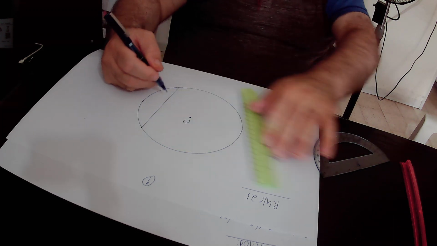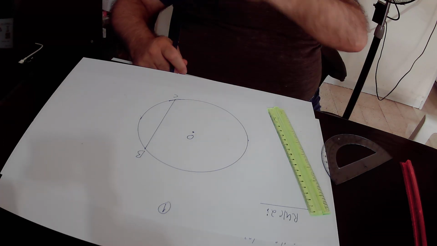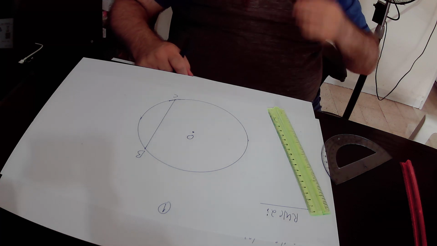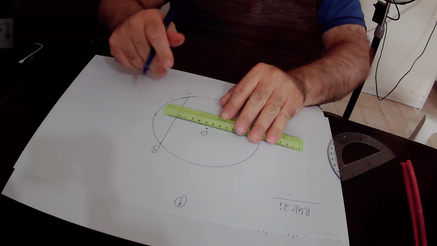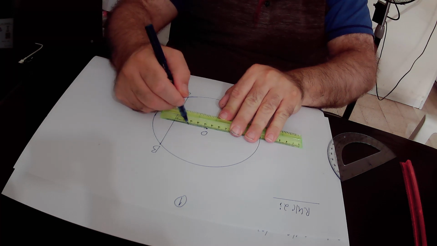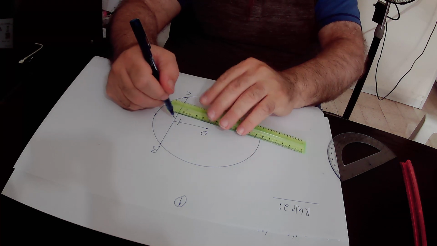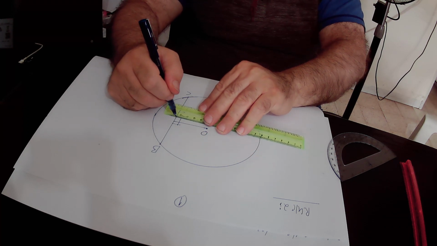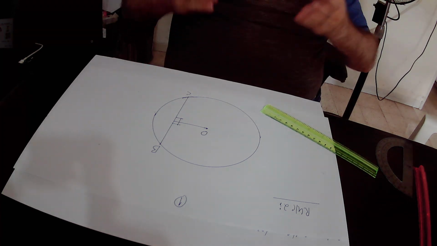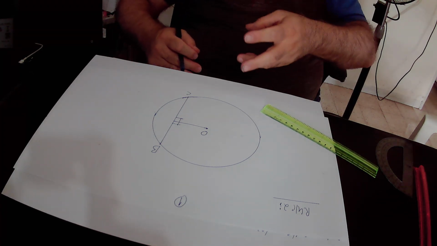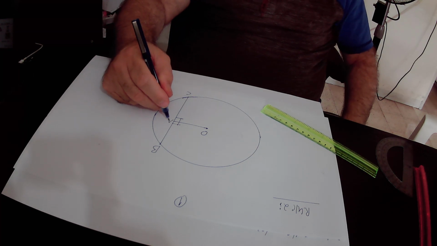This chord BC could be any chord. And from the center of this circle, that is from point O, we will draw a perpendicular on chord BC. So this angle equals 90 degrees, and this angle will also be equal to 90 degrees according to our construction. We define the touching point of the perpendicular from point O and BC as M.